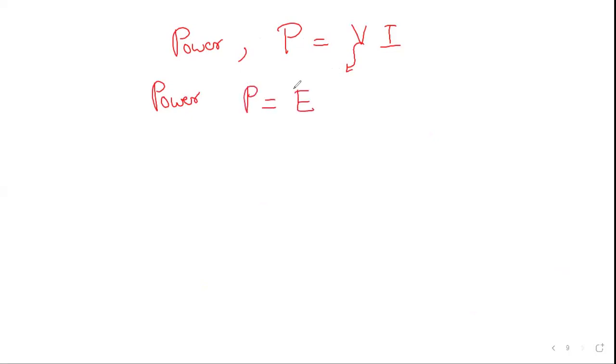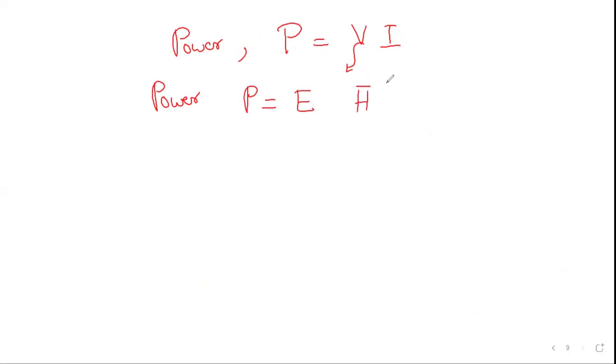Whenever you studied power, forget about electromagnetics at the moment, what you understood power to be was V into I, correct? Now, in electromagnetics, we are not using V, but we are using an interpretation of V in the form of E. And I is shown with the magnetic field.